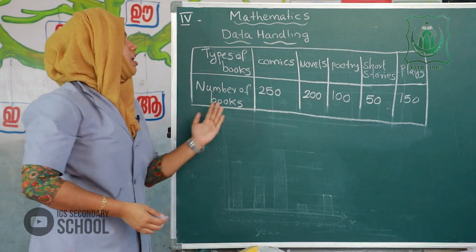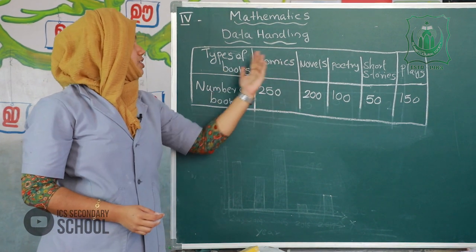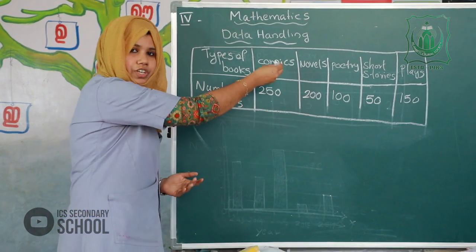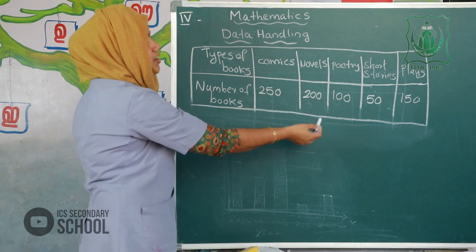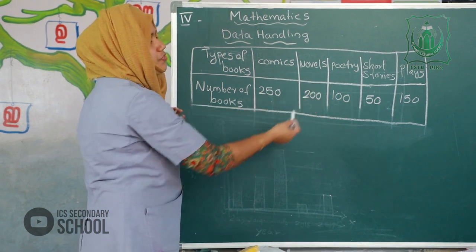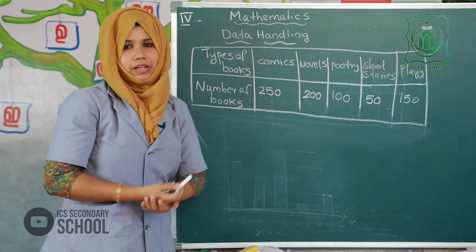So this is the number of books in each type of books: 250 comics, 200 novels, 100 poetry, 50 short stories and 150 plays.